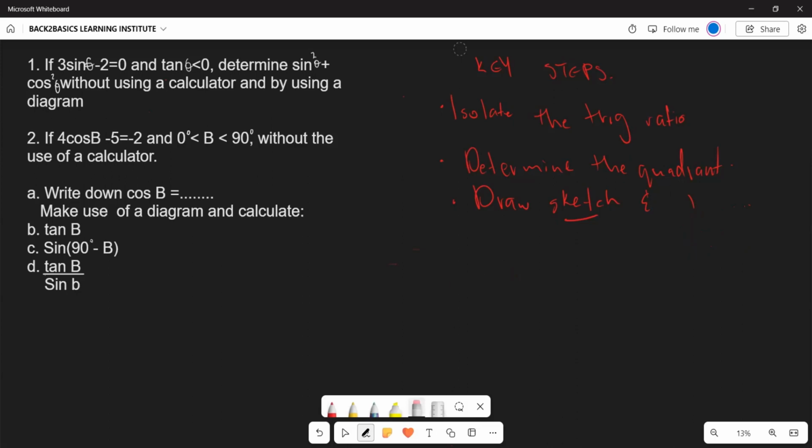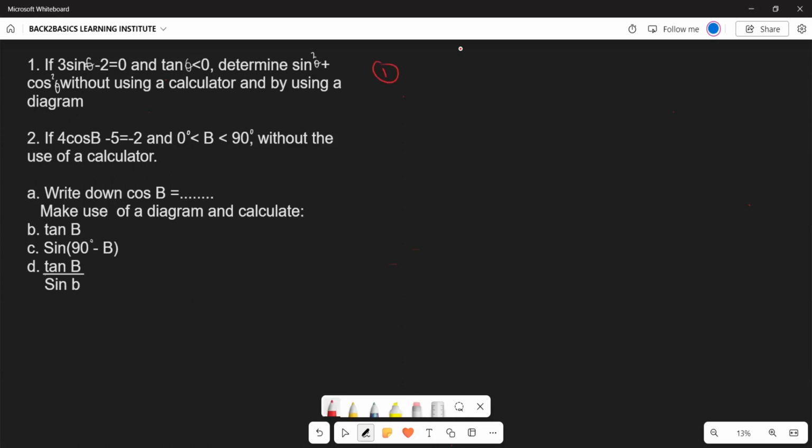So now, without any further ado, let's try and solve all these questions. Number one: what you are given here is 3 sine theta subtract 2 equals 0, and tan theta is less than 0, which means tan is negative.